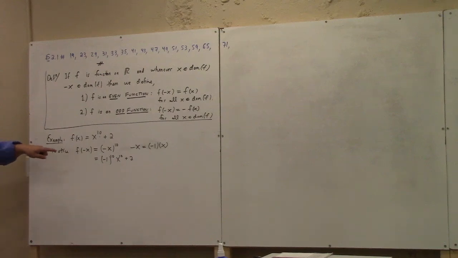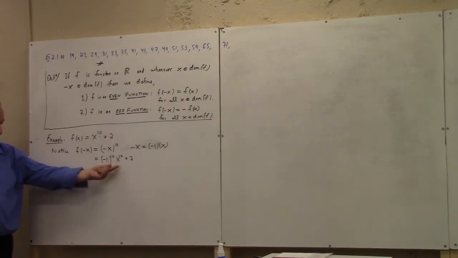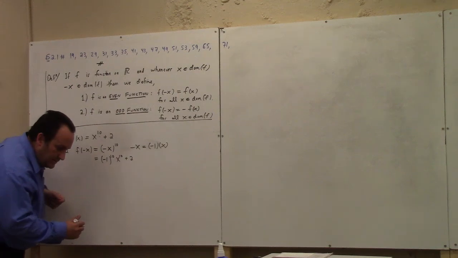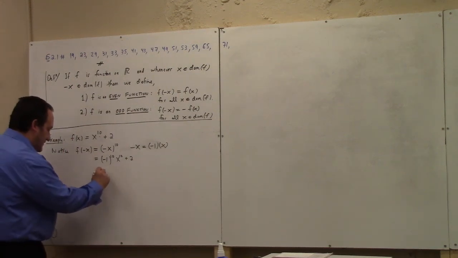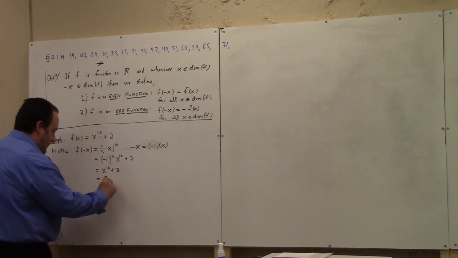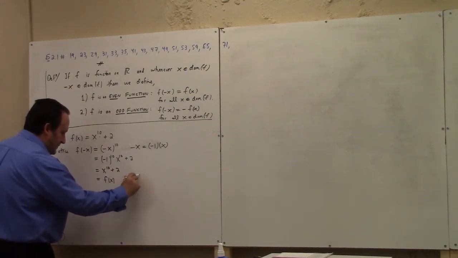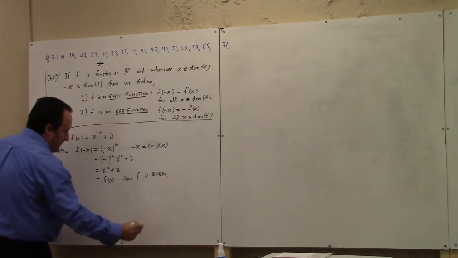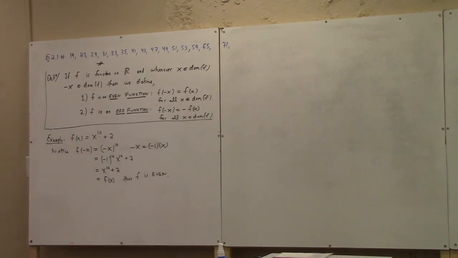So to the 10th power, we get minus 1 to the 10th times x to the 10th. But what is minus 1 to the 10th? It's 1, right? So this is just x to the 10th plus 2, which is, by the way, f of x again, right? So thus, f is even. It's an even function.